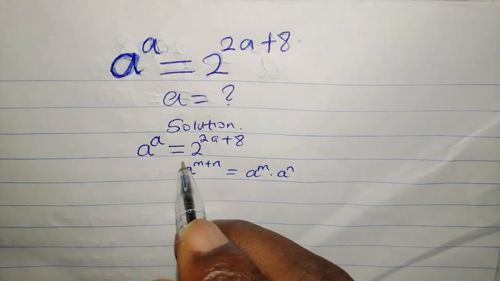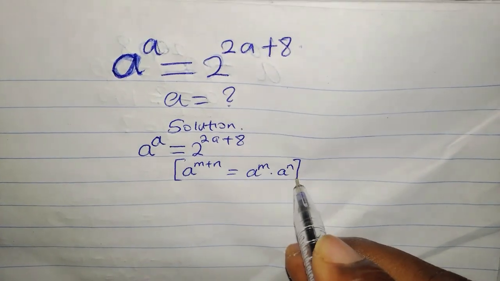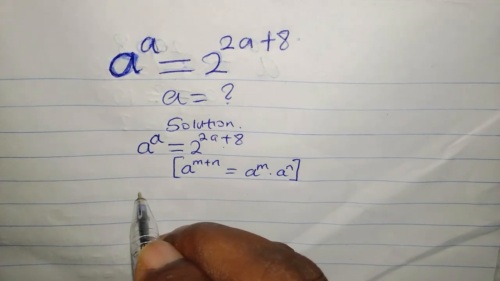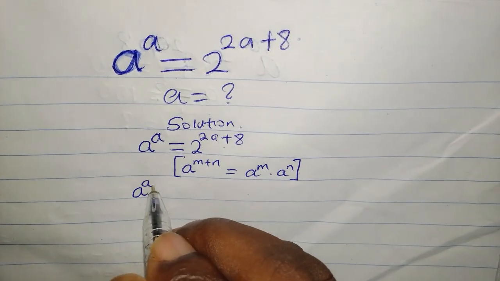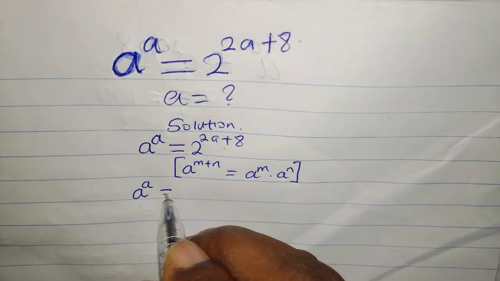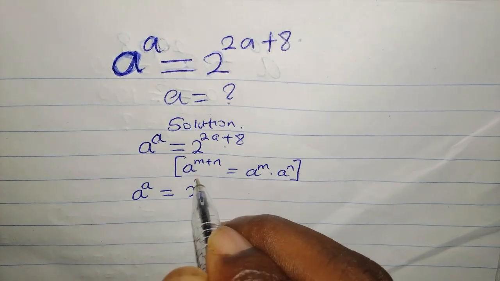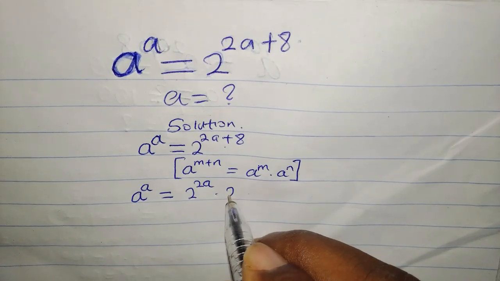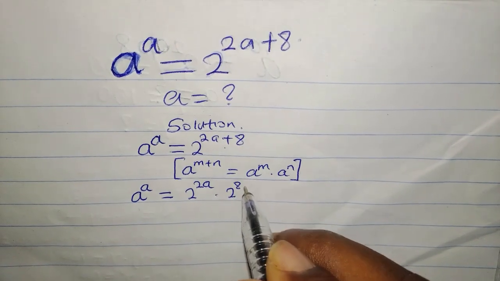If we put this through, at the right hand side we have a to the power of a equals 2 to the power of 2a times 2 to the power of 8.